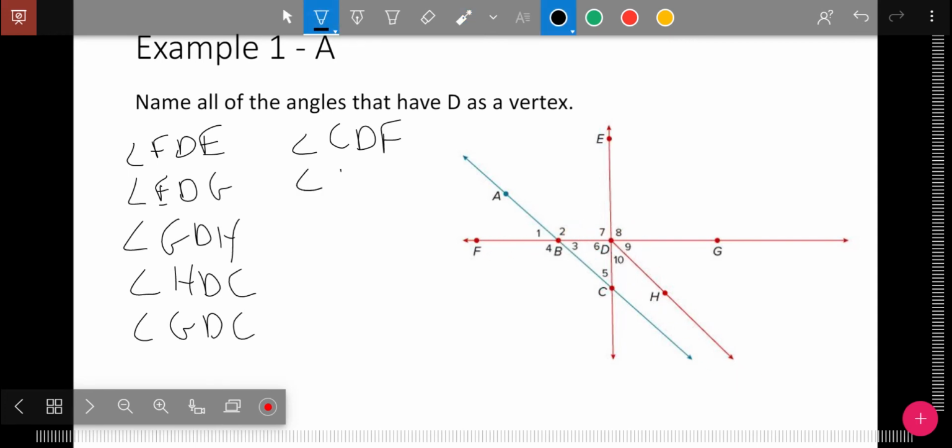And so angle FDH. Right? And so I have all of those, plus I have angles 6, 7, 8, 9, and 10. Now, really, those are some of the same angles we've already named, so I don't have to name them both, all right? But I'm just showing you can name those angles that way as well.